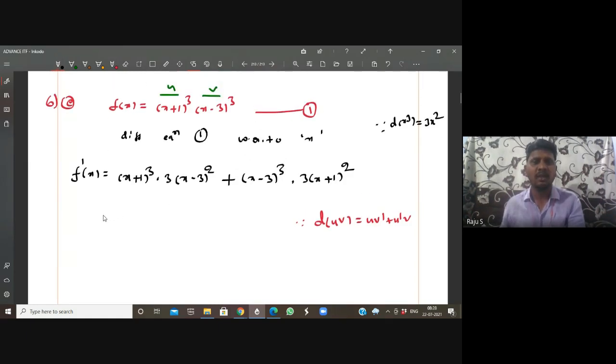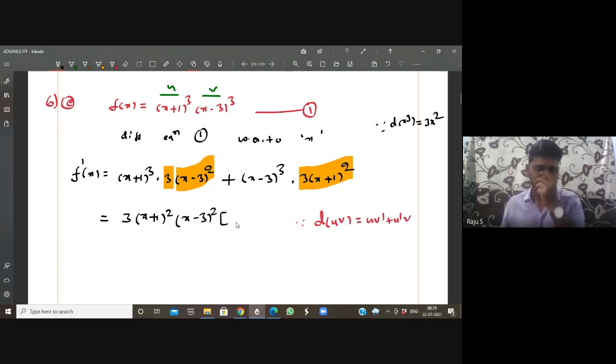Now the common factors here are x plus 1 whole square and x minus 3 whole square, and 3 is also common. We take the least power of the function as common. So 3 into x plus 1 whole square, x minus 3 whole square, and the remaining value is x plus 1 plus x minus 3.